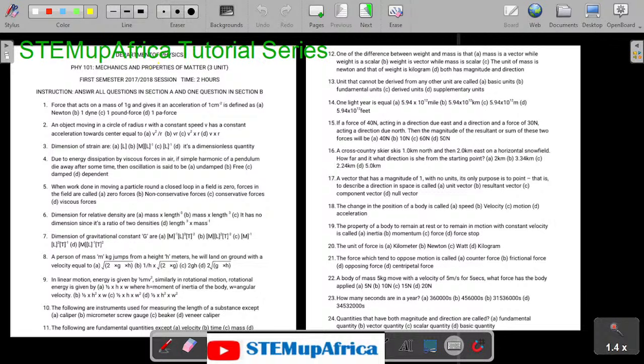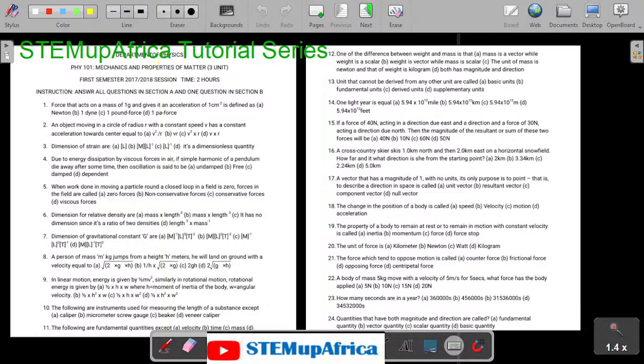There are two types: the basic SI units, which are mass in kilograms, length in meters, and seconds, and CGS, which is centimeter, grams, and seconds. The data given here has the mass in grams and the acceleration in centimeter per second square, which falls under CGS.